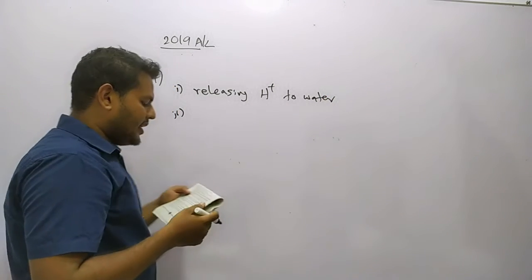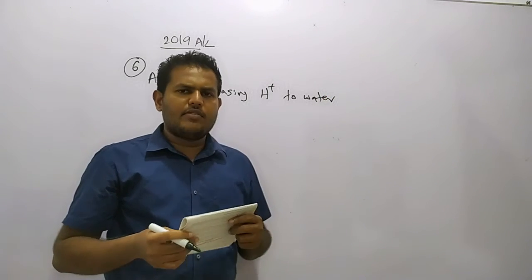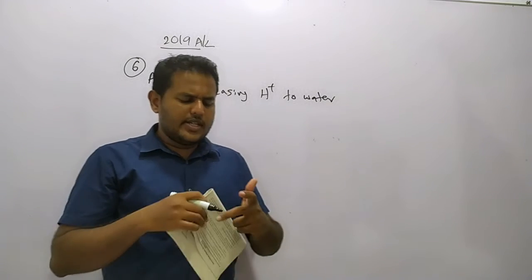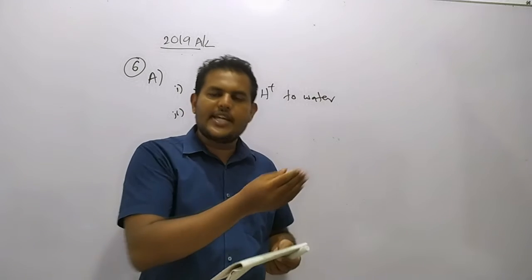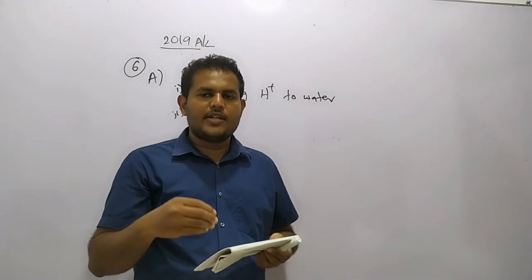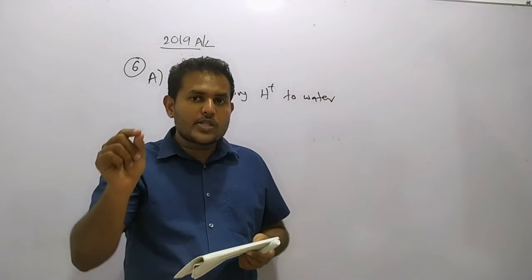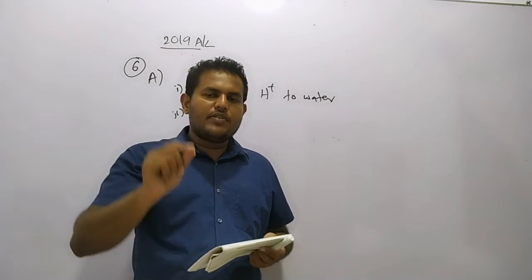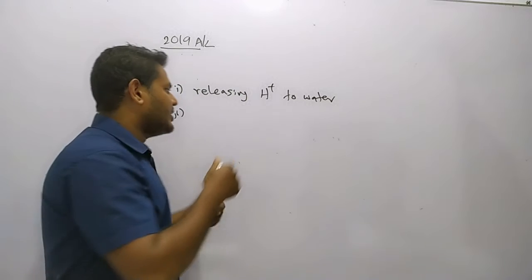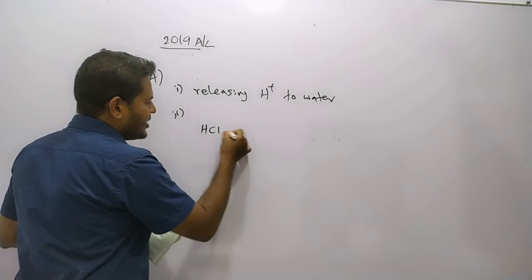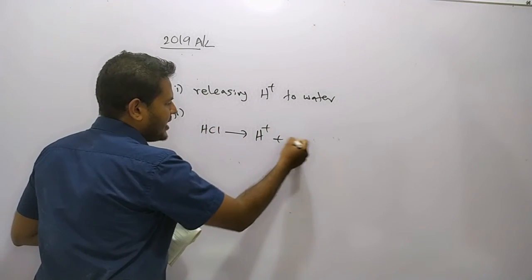In part 2, HCl is a strong acid while acetic acid is a weak acid. What is strong and weak? Is a strong acid giving more H+ and a weak acid giving less H+? No, not more and less. You should know the term dissociation. The acid which dissociates completely is known as a strong acid. HCl dissociates completely to H+ and Cl- ions.